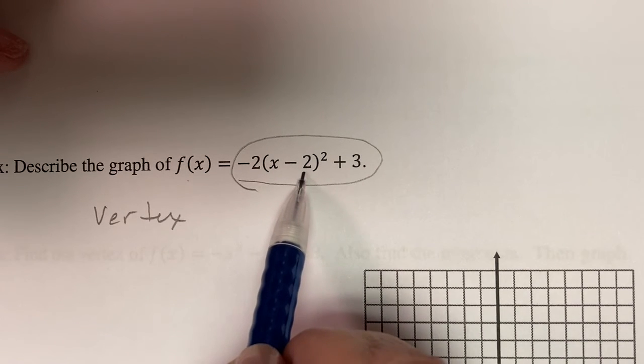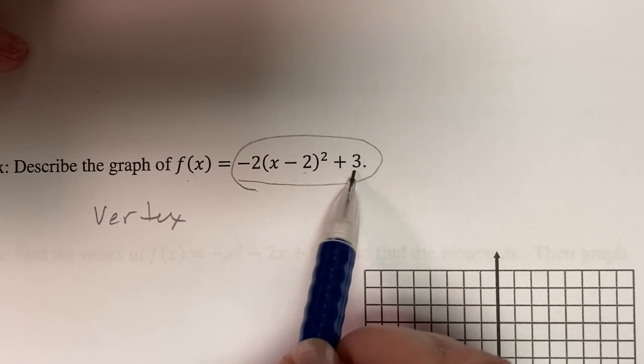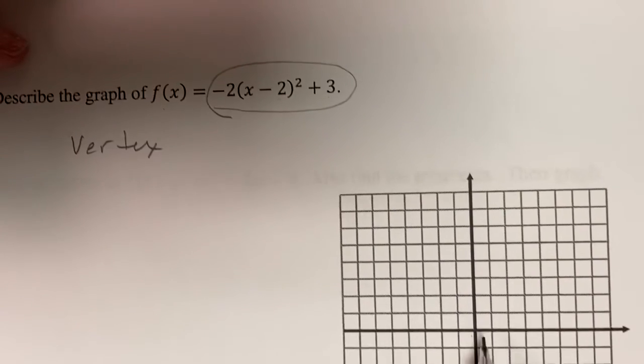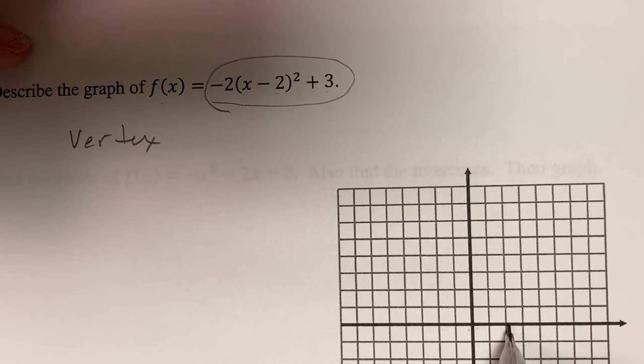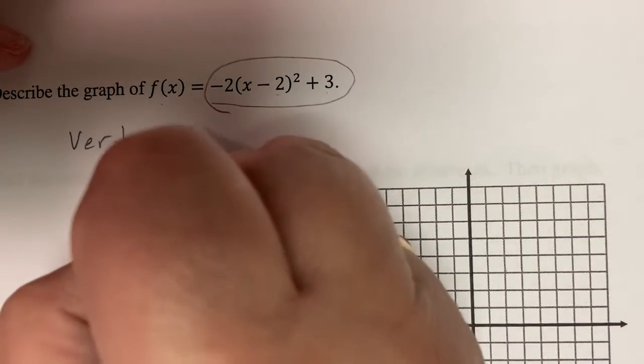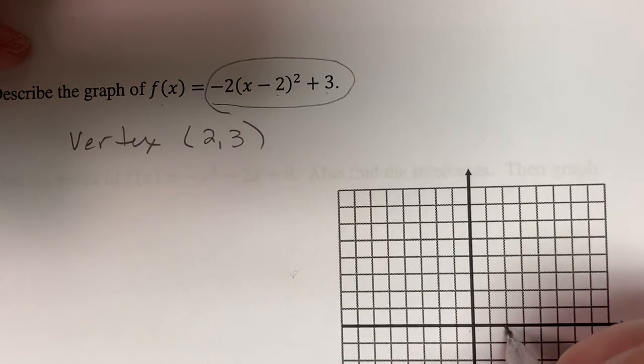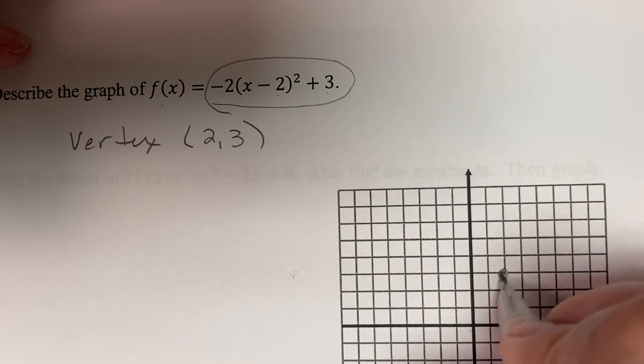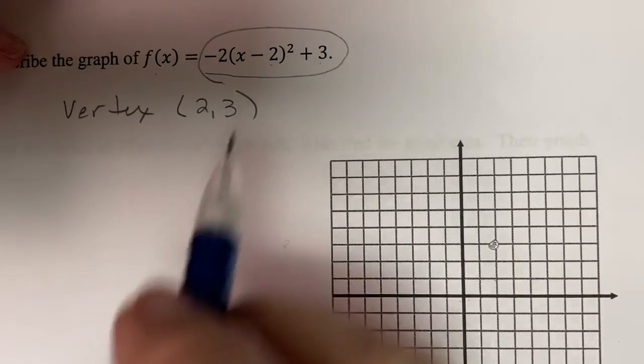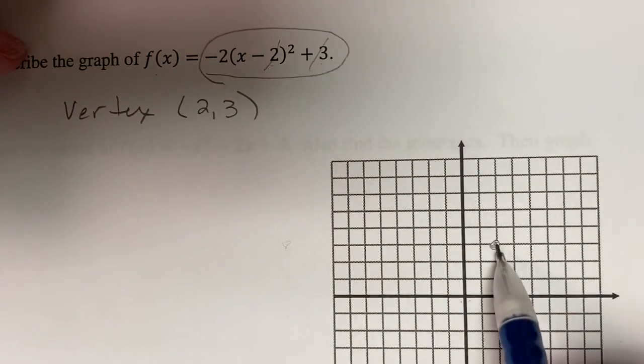Well, we know that this is a shift of 2 to the right, and this is a vertical shift of up 3. So do you see that our vertex went from (0, 0) to the right 2, and up 3, our new vertex is at (2, 3). Okay, so that takes care of both of these shifts.